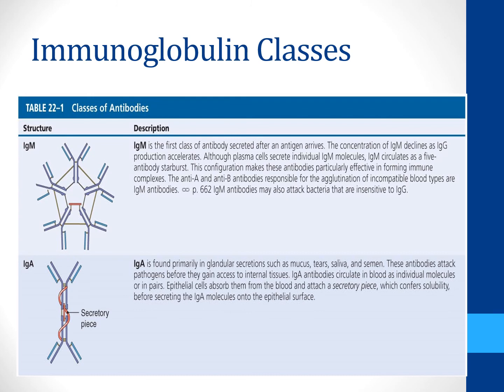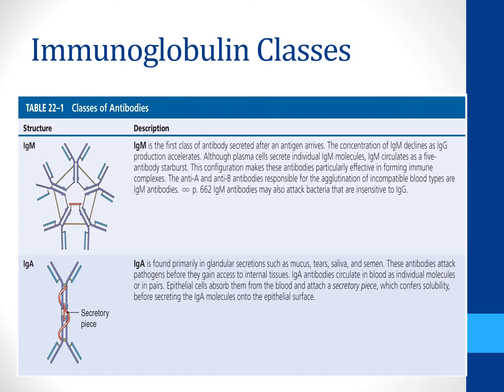So we're going to look at that in a minute. Examples of IgM immunoglobulins are the anti-A and anti-B immunoglobulins when we're looking at blood type compatibility. So those are IgM immunoglobulins.